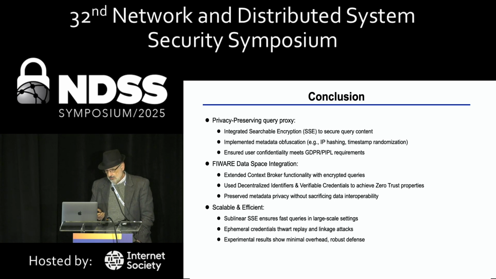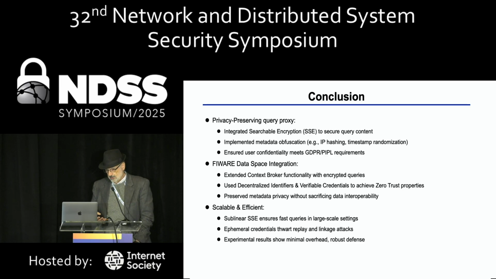So, conclusion. Essentially we set up the problem of privacy-preserving queries and metadata privacy in data spaces. We proposed as a first step to use searchable encryption. We integrated this into a minimum data space environment, added obfuscation and modern digital identity solutions.